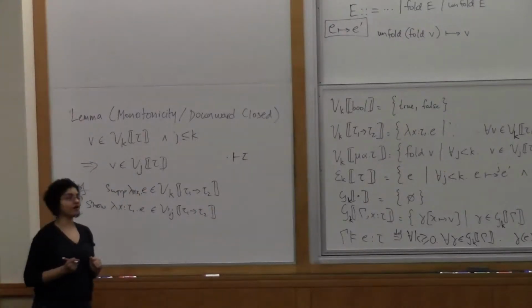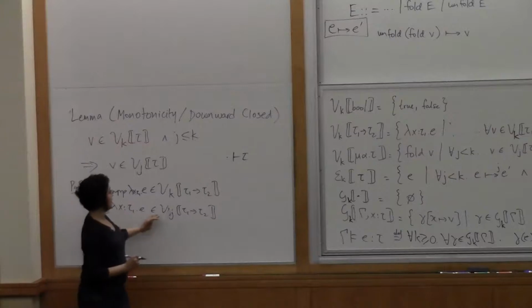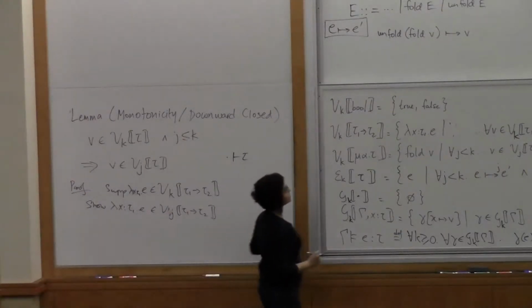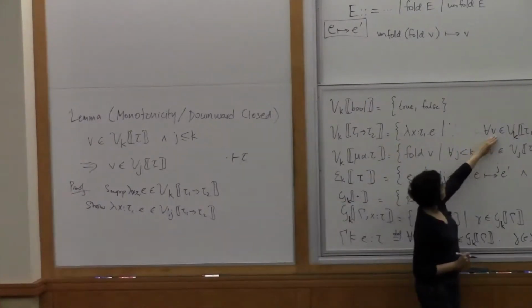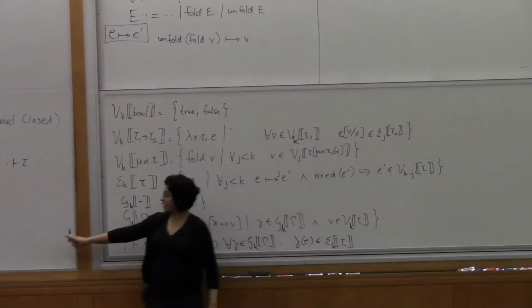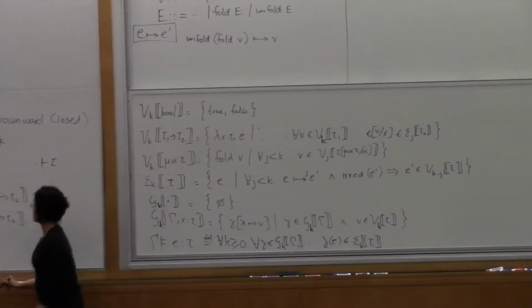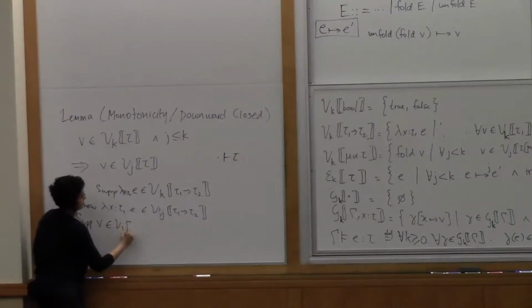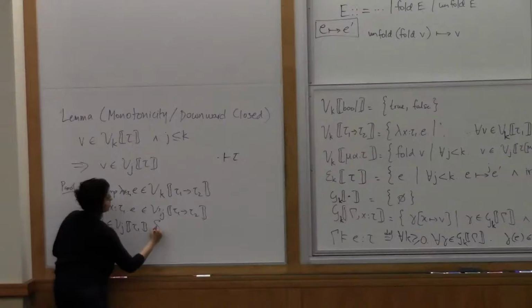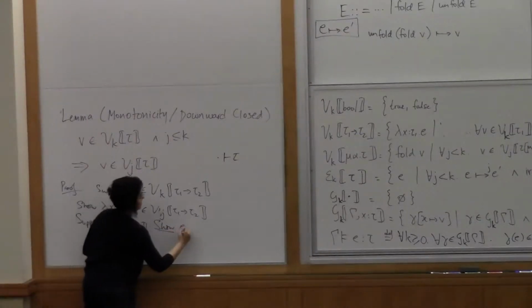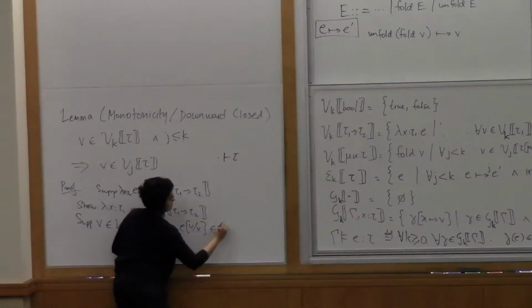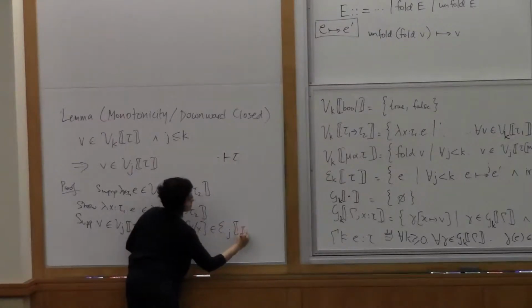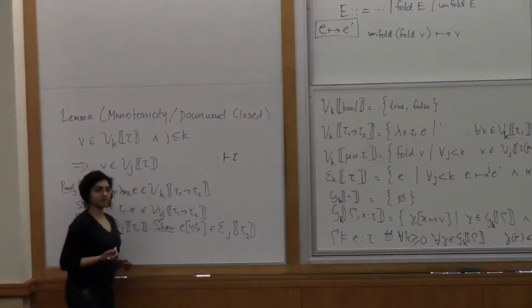In order to show this, we have to say, give me a value that's good for now our j steps. So suppose I have some argument v that belongs to vj of tau 1. Now I'm required to show that e with v for x belongs to type tau 2 for j steps.